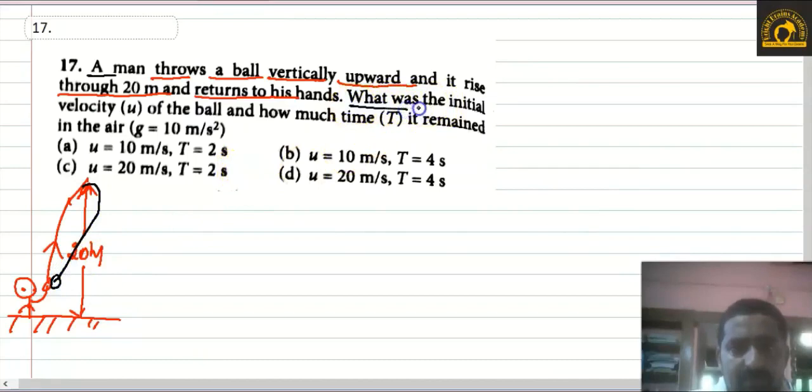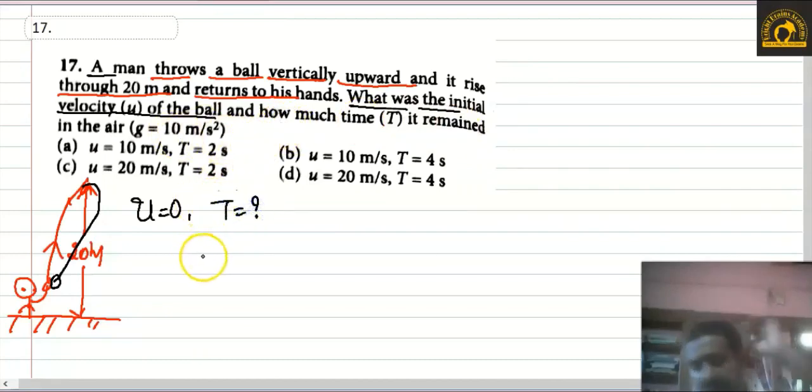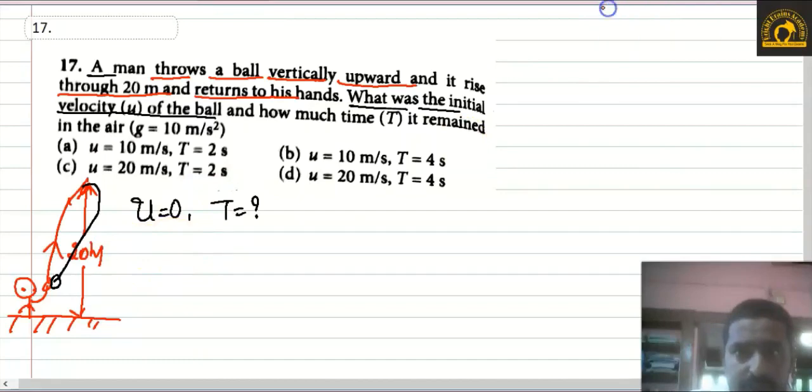So what is the initial velocity of the ball? You have to calculate the initial velocity of the ball and how much time it remains in the air. You have to calculate the time. First let's see the solution.